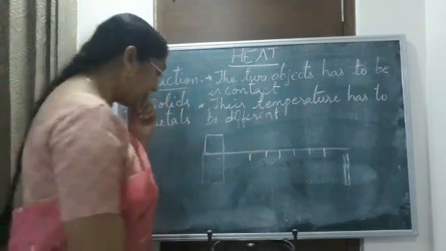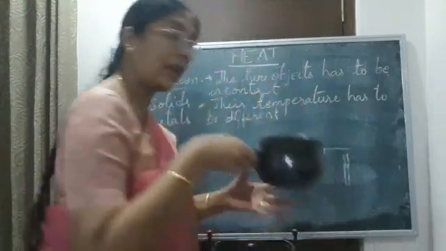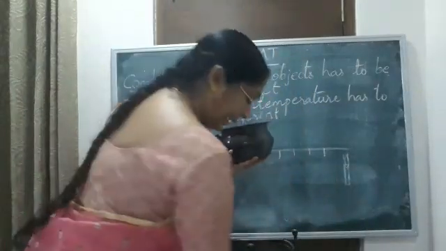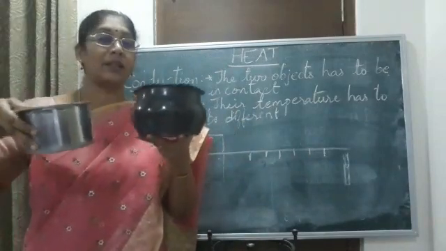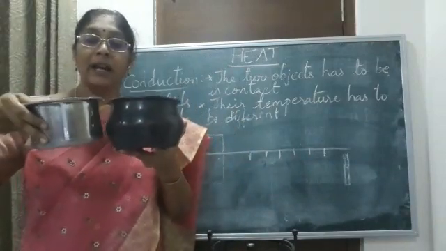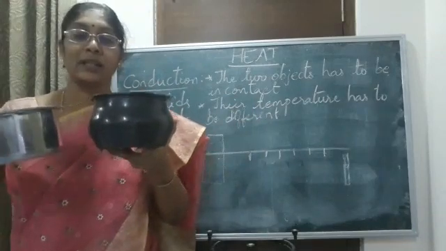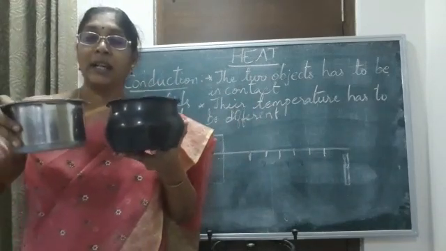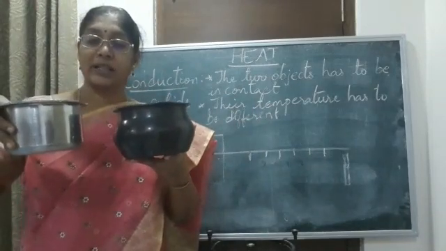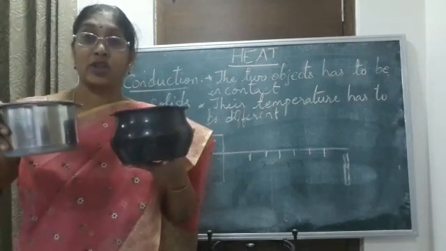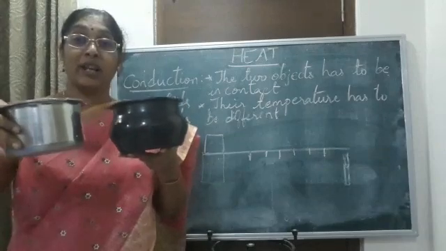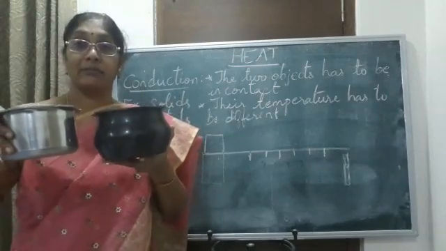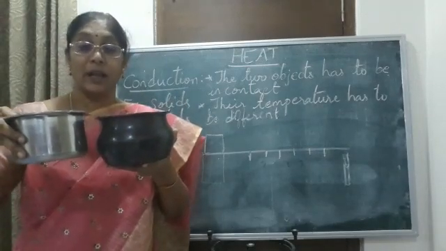Suppose this is a metallic container, and this is another container. This one is very hot. If the two are at a distance, can heat be transferred from this end to this end by conduction? Maybe by radiation, but by conduction, no, it cannot be transferred.